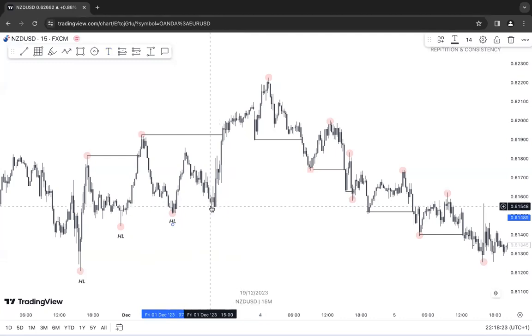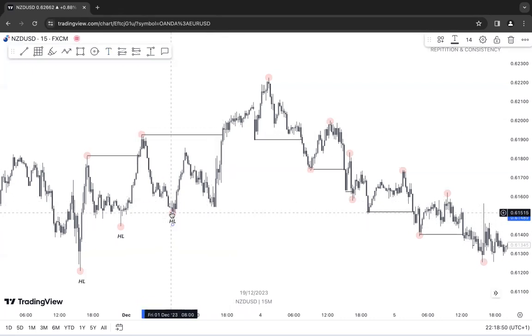So this guy here, no. This guy is a failure swing. This is what we call a failed swing. This higher low here failed to break this higher high. So we had to have a retracement back here, which broke it.